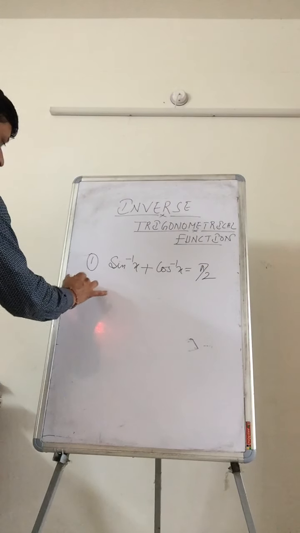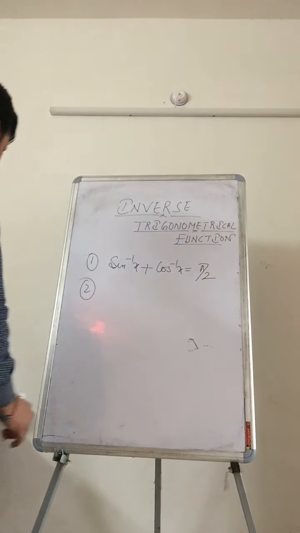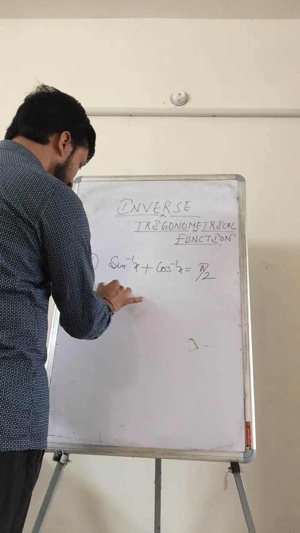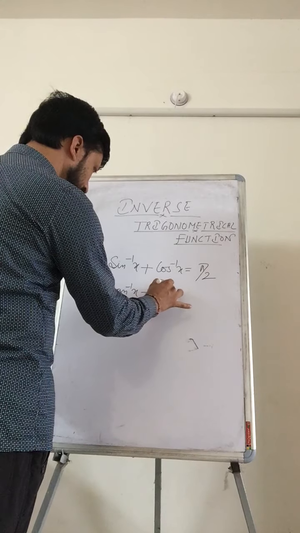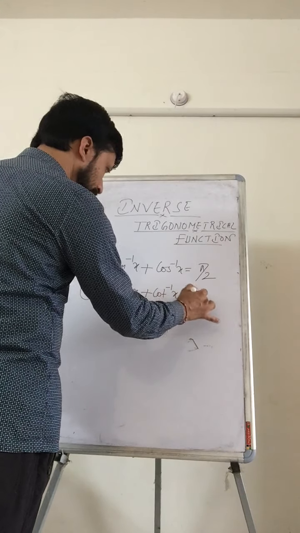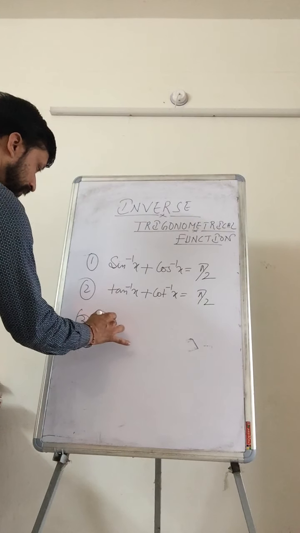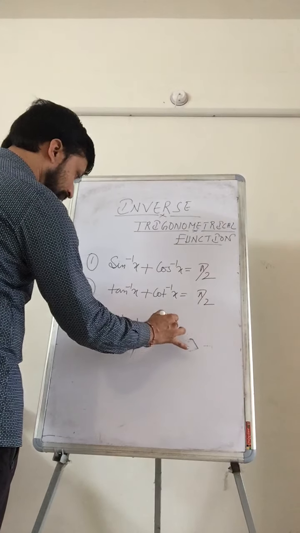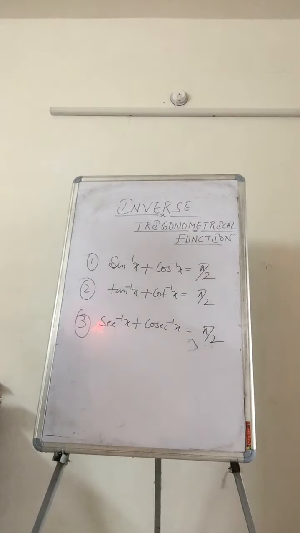The proof is not in your syllabus, so I am not proving the formulas. Second formula is tan inverse x plus cot inverse x equal to pi by 2. Third is sec inverse x plus cosec inverse x equal to pi by 2.